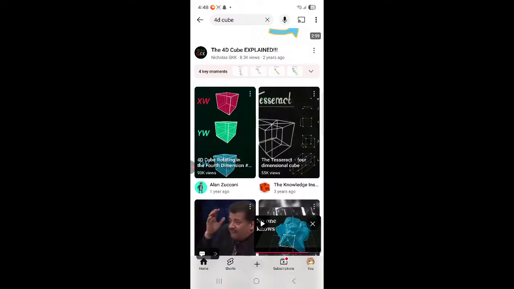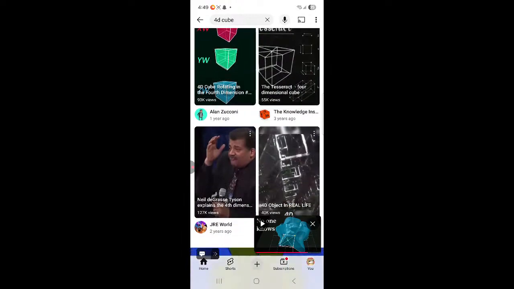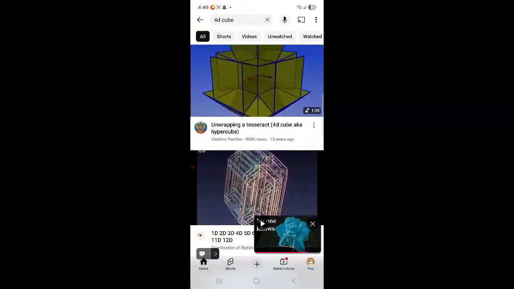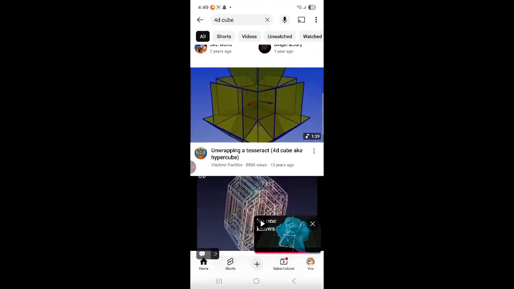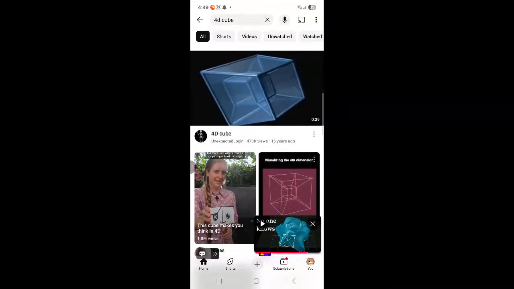Expanding regular space, but also in some other direction, right? But what really is happening is layers. What truly happens in a four-dimensional cube is layers of things. This is nothing. This is nonsense.